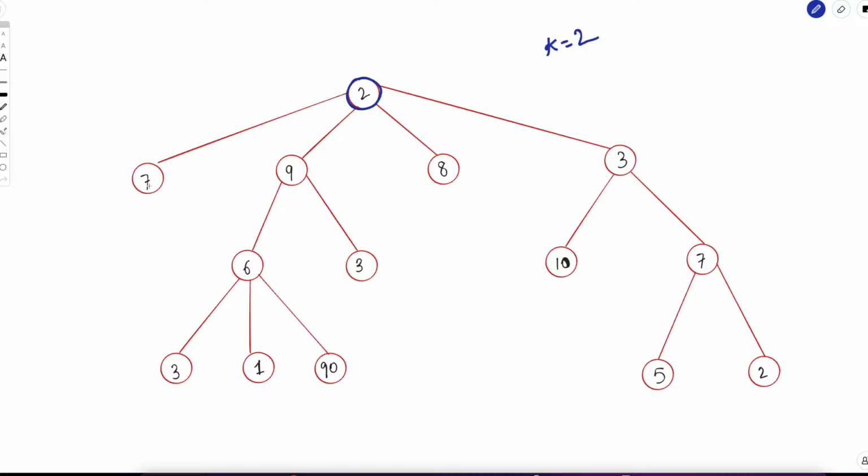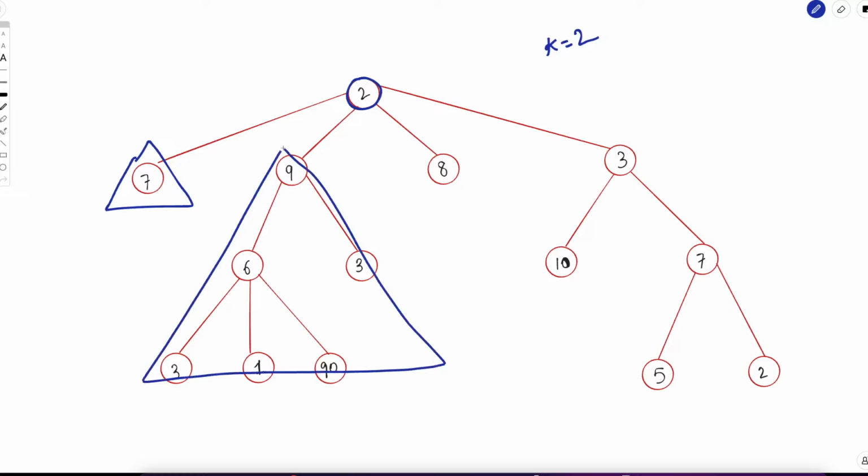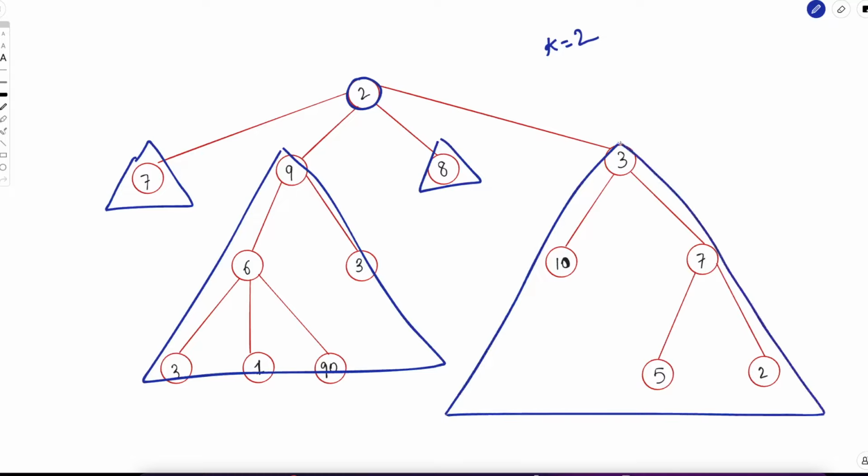If you take 0 points, what you want is the maximum number of points I can collect in this subtree, and in this subtree, and in this subtree, right? So each of these is exactly the same problem, which is I want to collect the maximum number of coins in a particular tree. It's just that the tree is now a bit smaller.